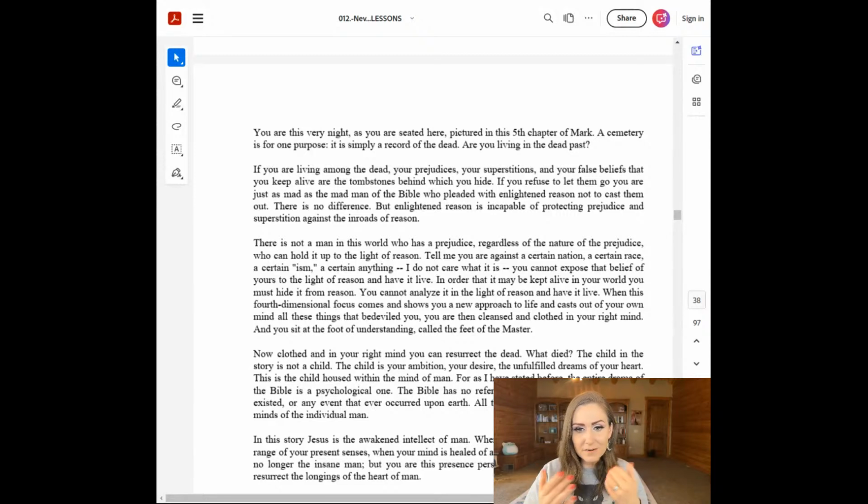So quite simply here, Neville is saying that, in this story, it is referencing the dead past and our human ability and natural instinct to keep alive all of these prejudices, our old beliefs, our old assumptions. And he's saying here, look, no matter what your beliefs, no matter what the old ism is, if you try to hold it up to the light, it will fall apart.